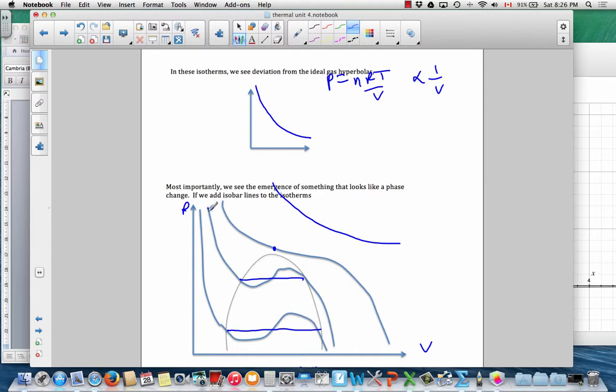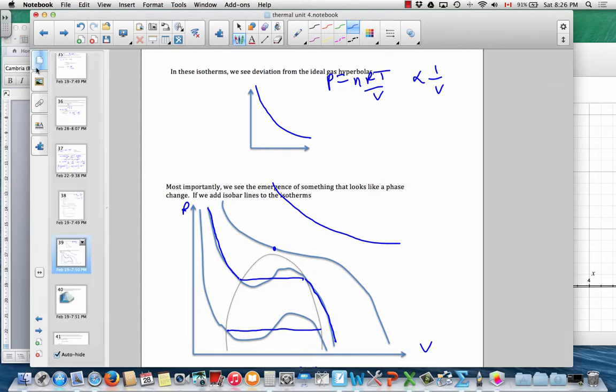What really happens is the pressure drops along that isotherm, remains constant for a bit while the phase is changing, and then drops again on the other side. So if you add that Maxwell construction to these van der Waals isotherms, you get something that looks a lot like a phase change. And that is interesting because ideal gases don't exhibit a phase change. So this is non-ideal gas behavior that we're getting from a fairly simple modification to our equation.